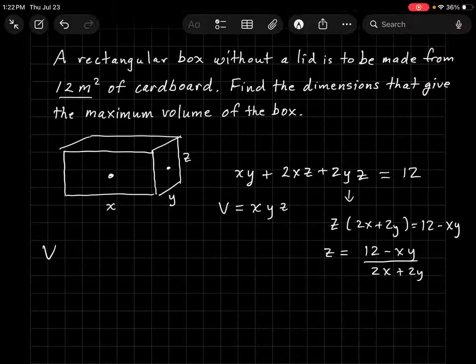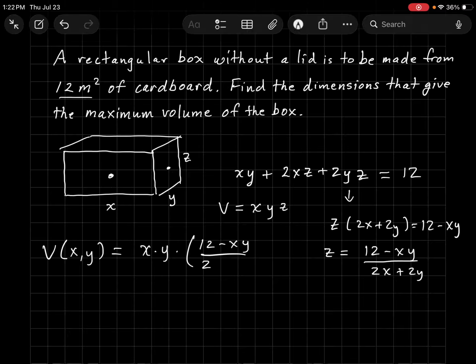So my volume equation, which is now a function of x and y only, is going to be x times y times 12 minus xy over 2x plus 2y.